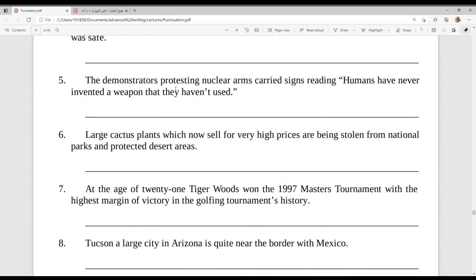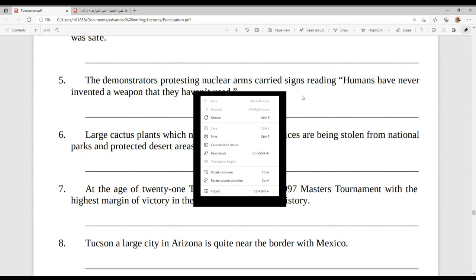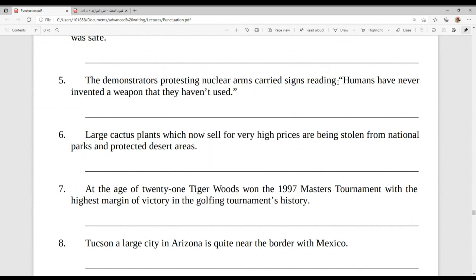The demonstrators protesting nuclear arms carried signs reading, humans have never invented a weapon that they haven't used yet. Large cactus plants, which now sell for very high prices, are being stolen from national parks and protected desert areas.